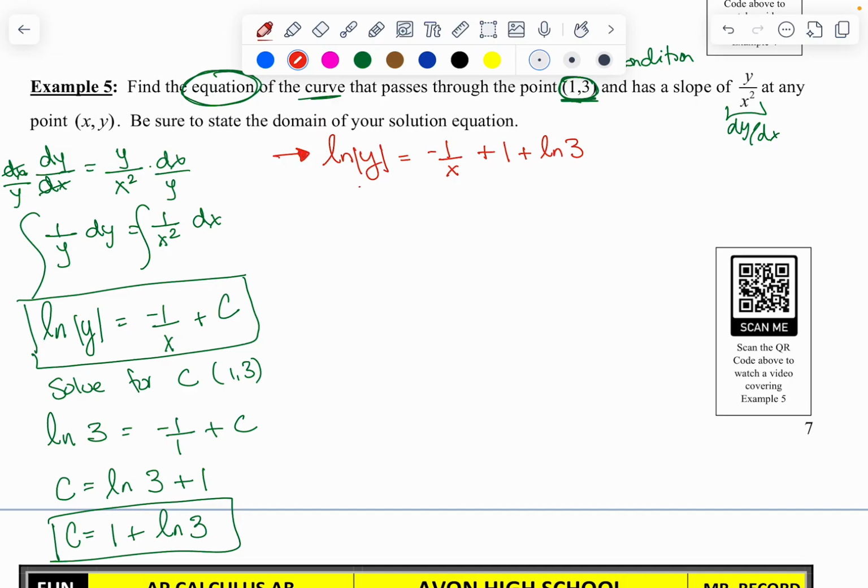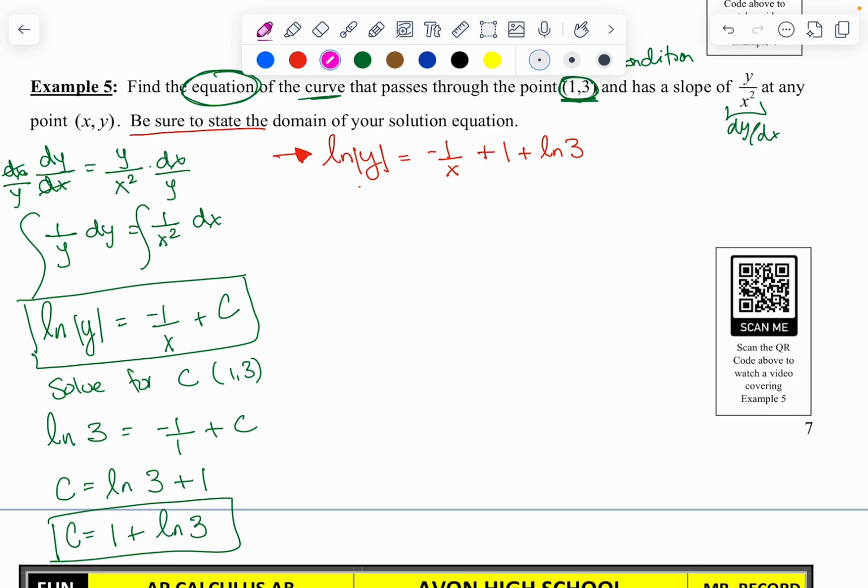You will get the majority of your points for just getting to this point right here. But with multiple choice problems, sometimes they will say make sure to simplify. So when you want to state the domain of your solution equation, you want to simplify that equation so that you can state the domain.